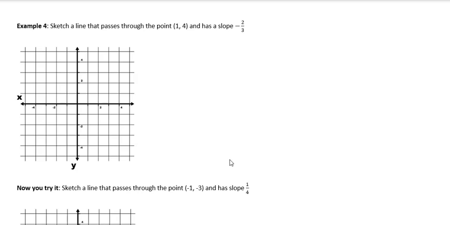Okay, this next one, we need to sketch a line that passes through the point 1,4 and has a slope of negative 2/3. So now we're taking the slope and drawing it. So the point 1,4 is going to be here. All right, now it has a slope of negative 2/3.